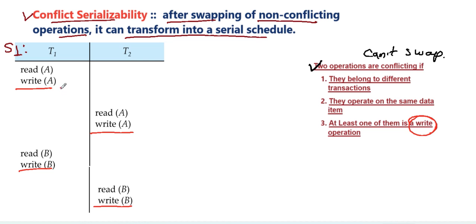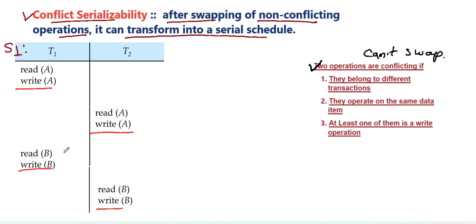Suppose we try to swap write A and read A. These two cannot be swapped, because they are operating on the same data item and one of them is a write instruction, so this is conflicting. Next we check the following sequence, going in order: first this read, then write, then this read, this write.